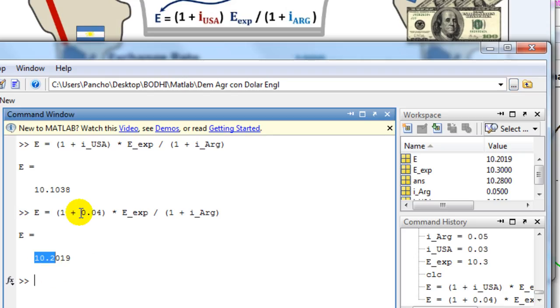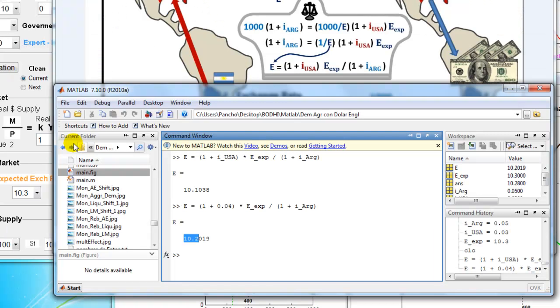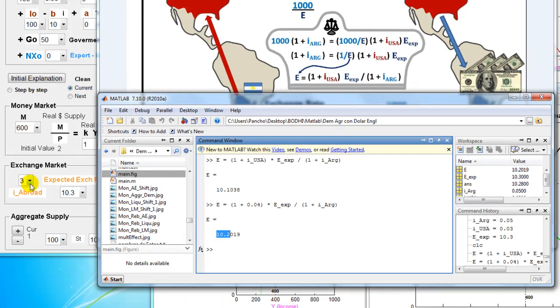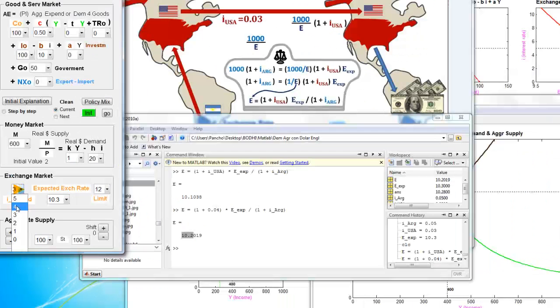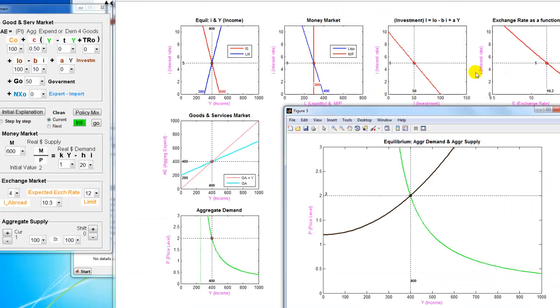So if we raise the interest rate in USA, which here is abroad, from 3% to 4%, we can do the following.